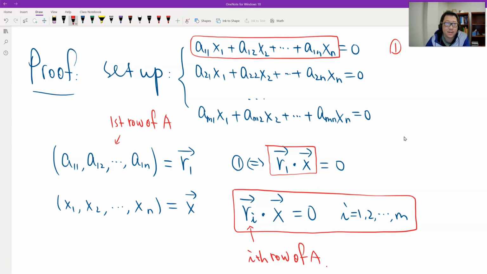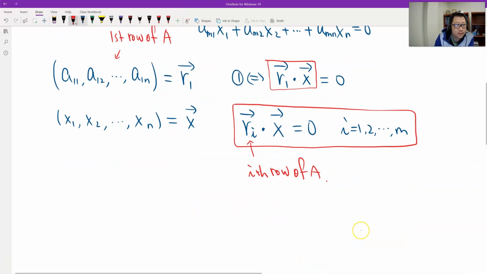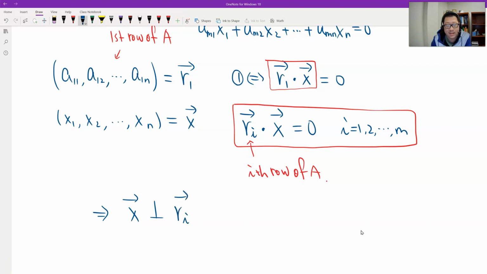See, this is just the result. This equation gives us that x should be perpendicular to any row of A. Therefore, this exactly means that the unknown vector x should be perpendicular to Ri, for any row from one to the last row.